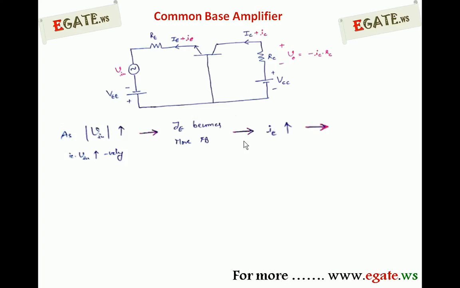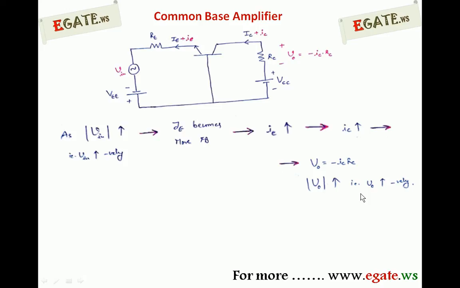Whenever IE increases, IC also increases, because IC is equal to alpha times IE. Whenever IC increases, V0 is equal to minus IC RC, so the magnitude of V0 increases. The magnitude of V0 increasing is nothing but the value of V0 increasing negatively.